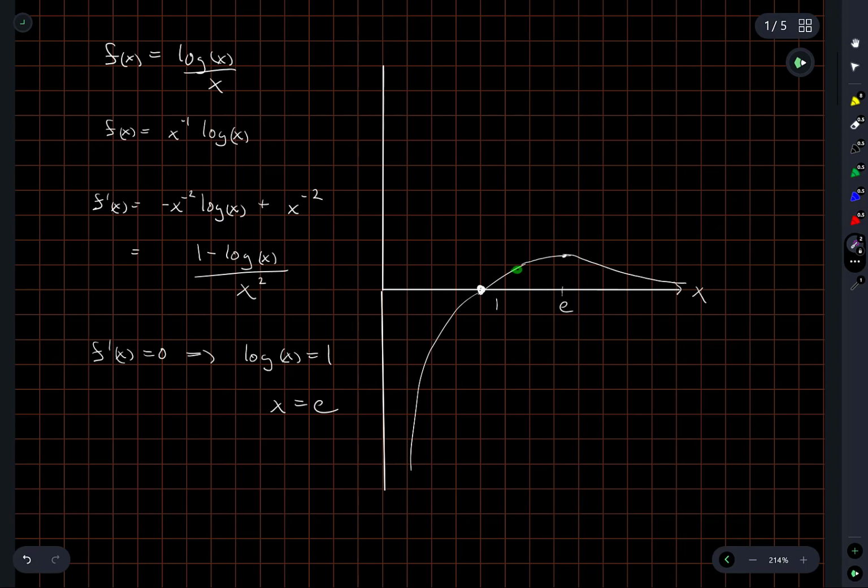So is there a way of relating those two values of x on either side here?